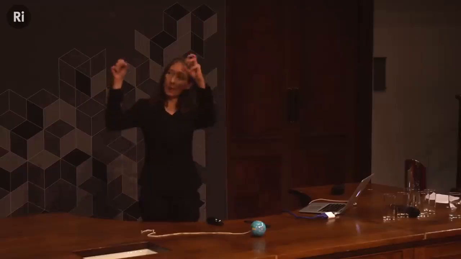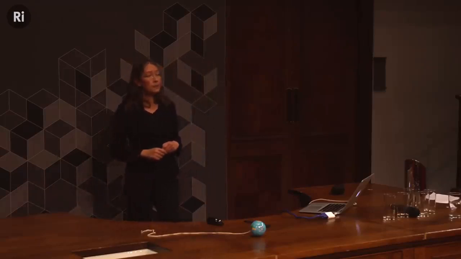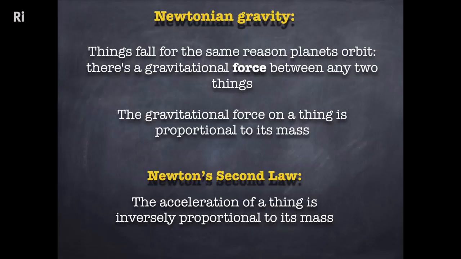If I drop a marble, let's say it's 100 times less massive than the bowling ball, then the force on the marble is 100 times less than the force on the bowling ball. The force on the two objects is proportional to their masses. However, Newton's second law of motion says that the acceleration of an object is inversely proportional to the mass of the object.